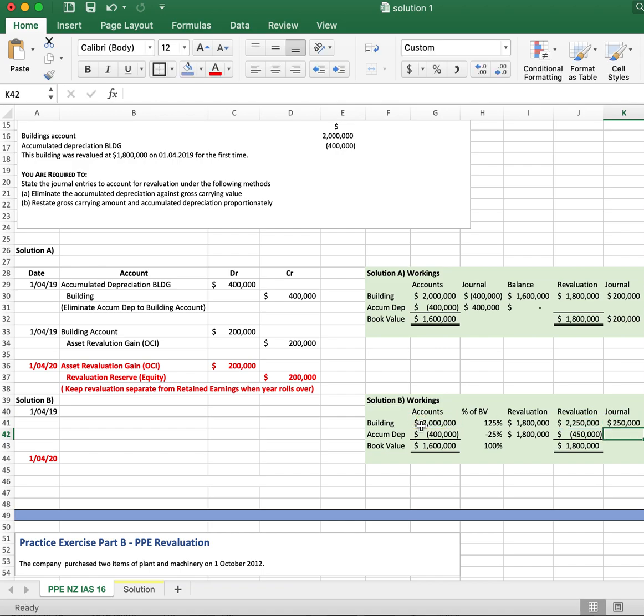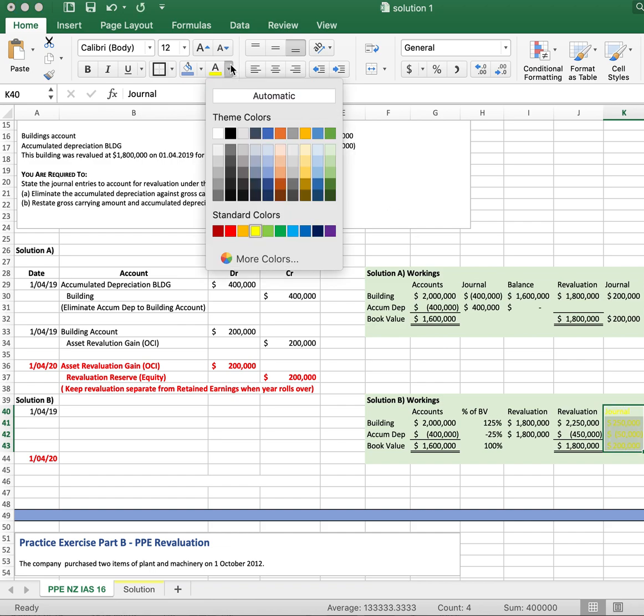And we're also going to have to increase the amount of accumulated depreciation, right? So that'll give us the journal, right? So that's our journal to put in.